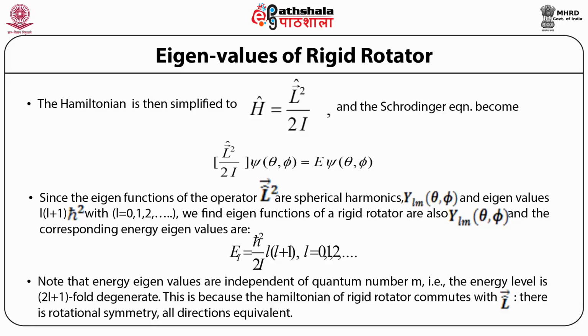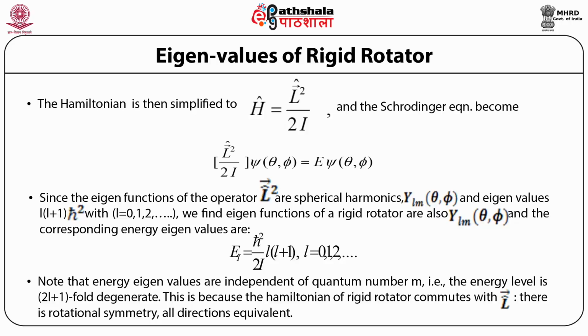Therefore, each energy eigenvalue will have 2L plus 1 fold degeneracy. That means there can be 2L plus 1 different m values for each of the L values.